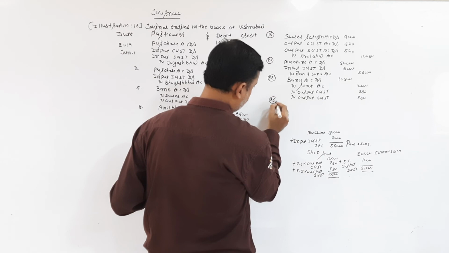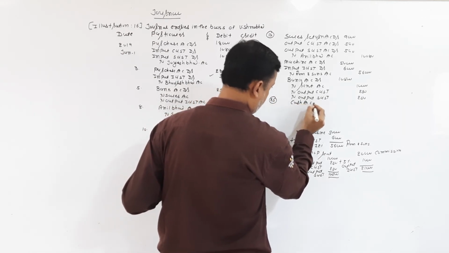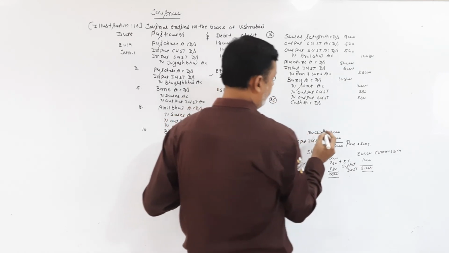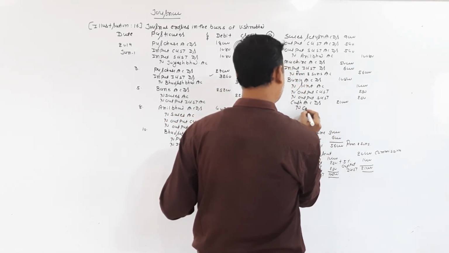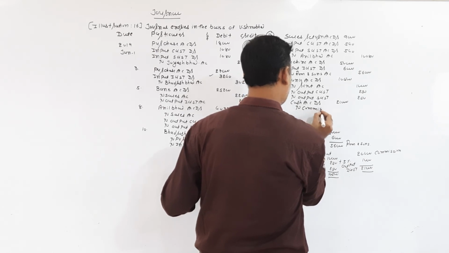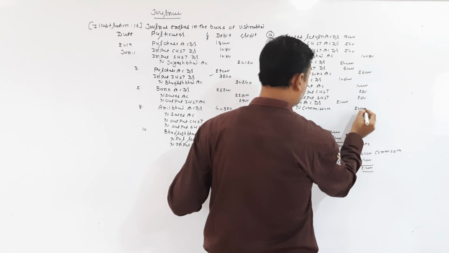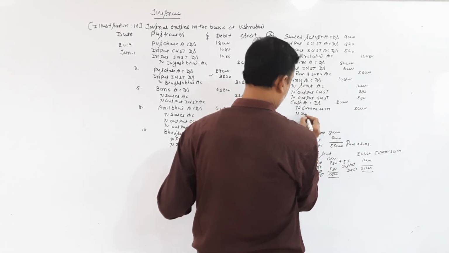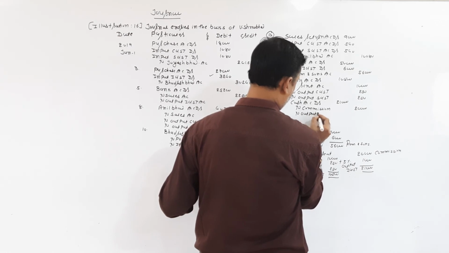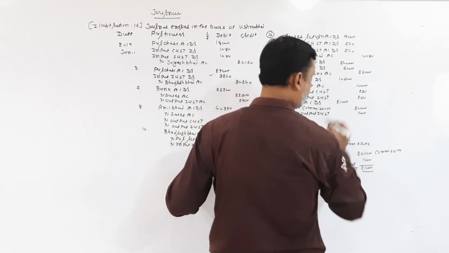25th. Cash account debit 21,000 to commission account 20,000, to output IGST account 1,000.